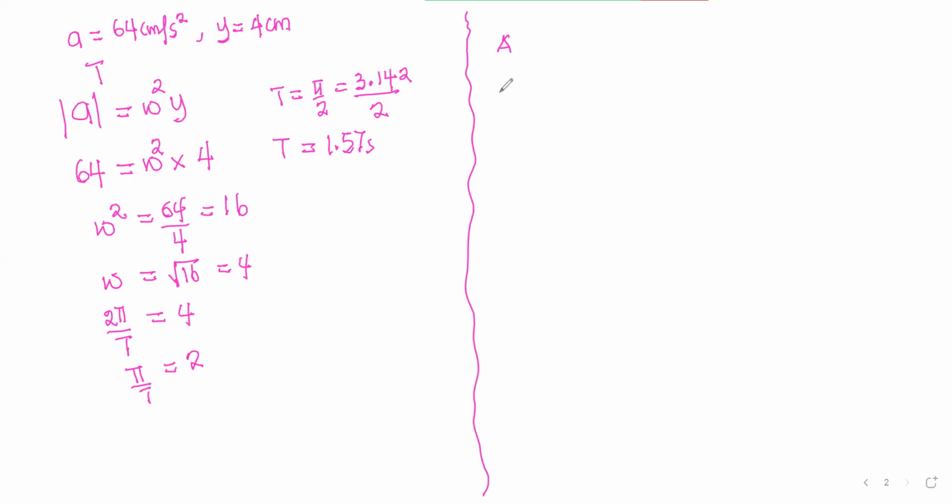So a body executes SHM with amplitude capital A. Its energy is half kinetic and half potential when the displacement y is equal to what? That's the question. Or which displacement would give us the energy which is half kinetic and half potential? That's the question.